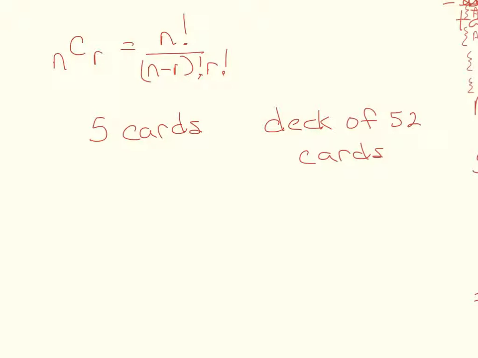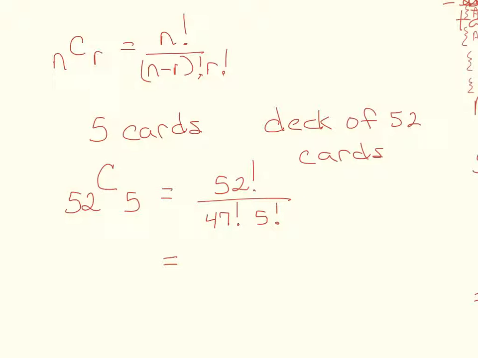So our formula would be 52 C taken 5 at a time. So we would have 52 factorial over 52 minus 5, which is 47 factorial, times 5 factorial.